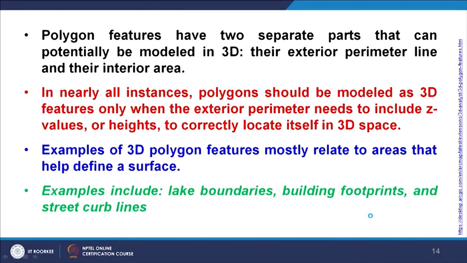Instead, there is another model, raster representation, by which we can represent the undulations, the variations present within a surface. So, we should choose appropriately. But like lake boundaries, lake water is flat, we can consider it very well, and therefore a lake boundary can be represented as a polygon, no issue.